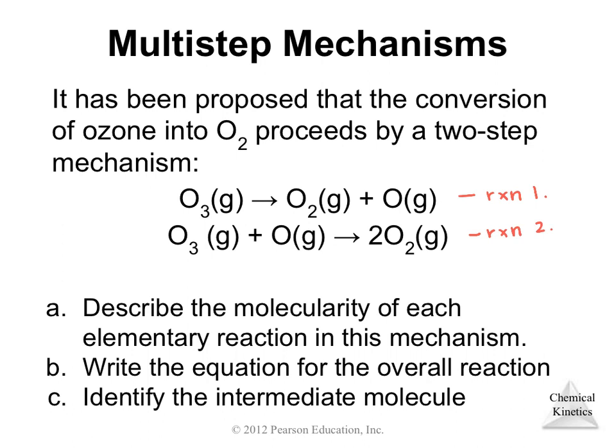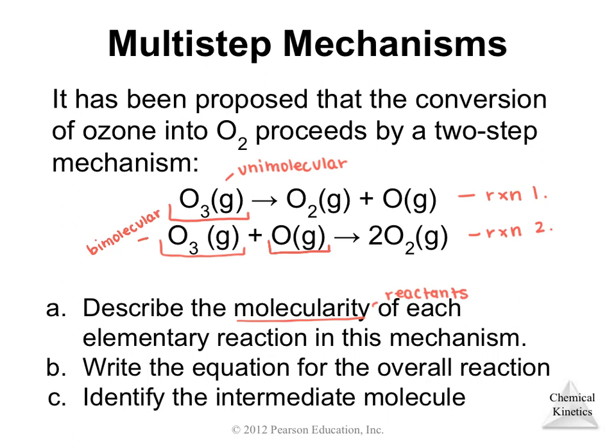When we describe molecularity, we're only looking at the reactants, what things need to come together. So reaction 1 has just one reactant, so it is unimolecular. And reaction 2 has two reactants, so it is bimolecular.